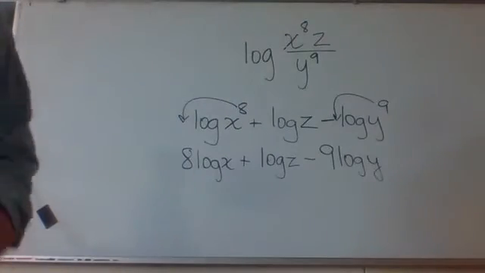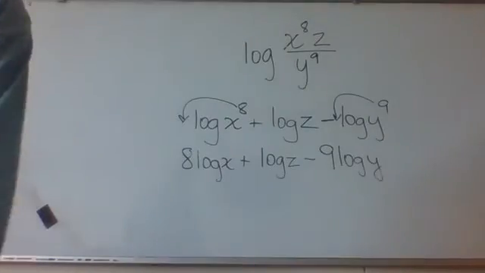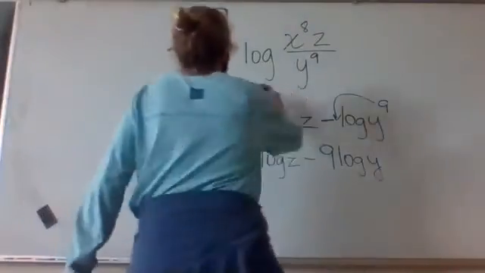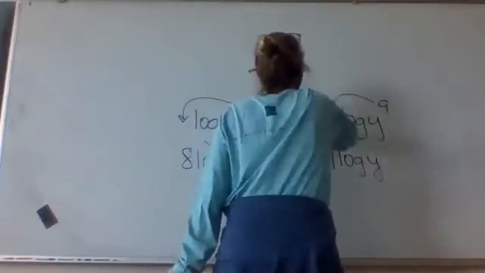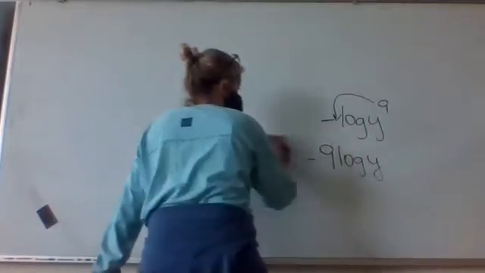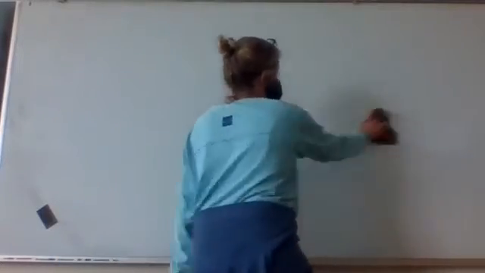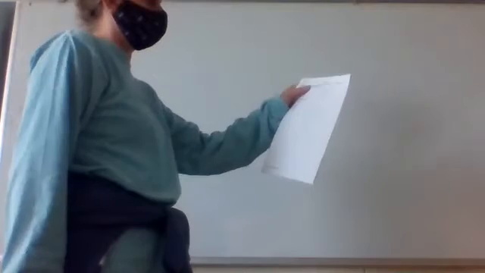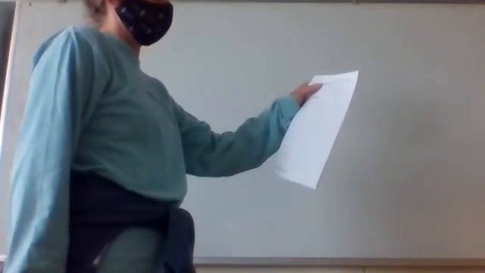Two more. Number 24. The population of a small country increases according to the function, and it gives you this function: P equals 2,100,000 e to the 0.05 t.